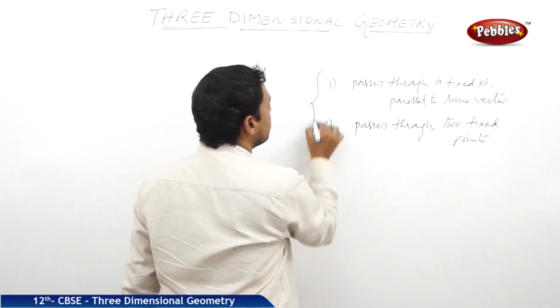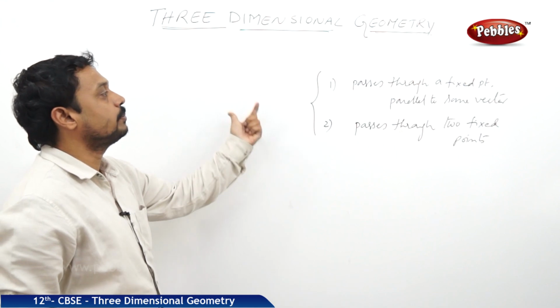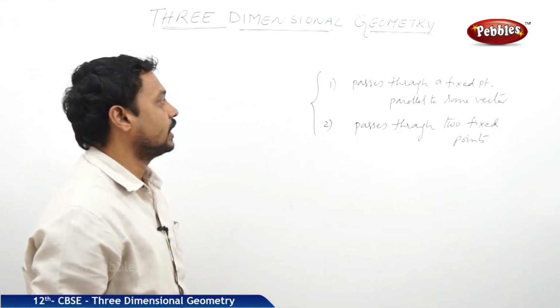Now in these two cases, we can determine the vector equation or simply the equation of a line in three-dimensional geometry.